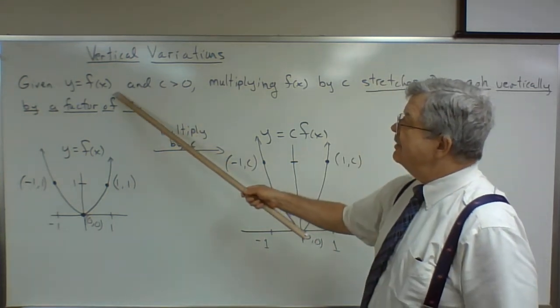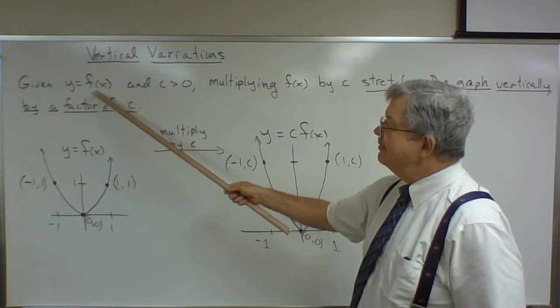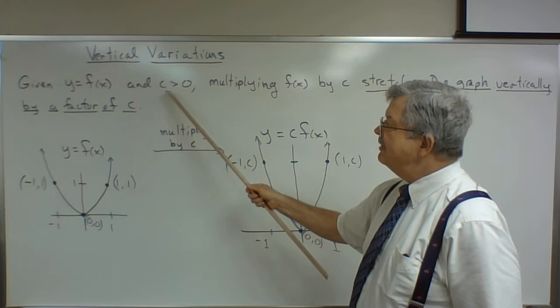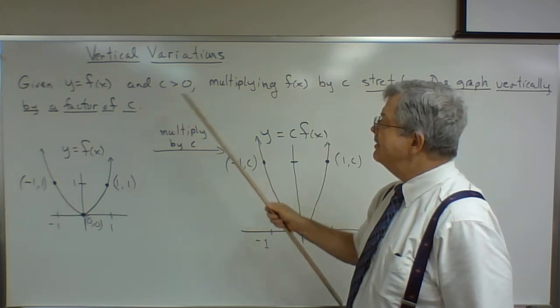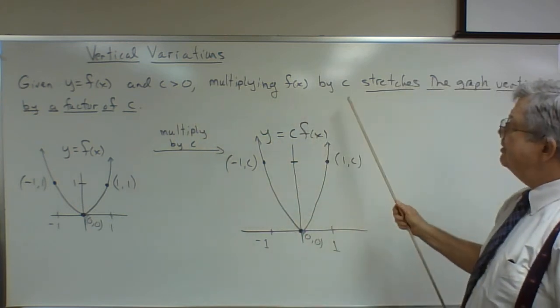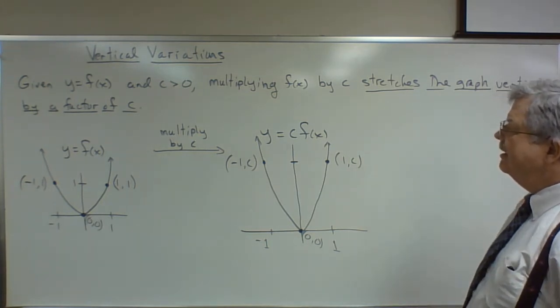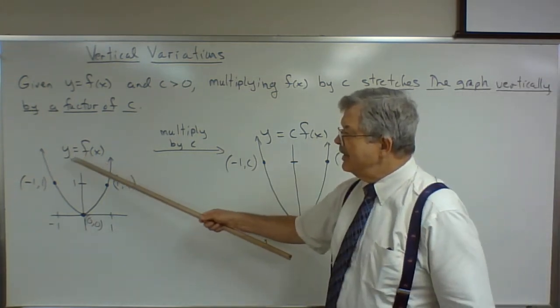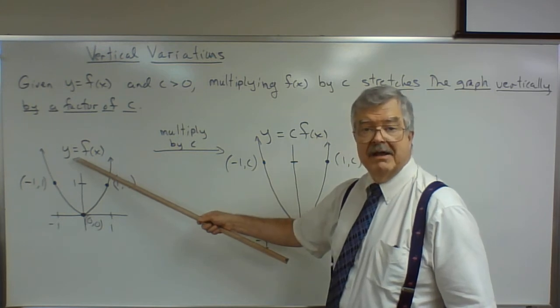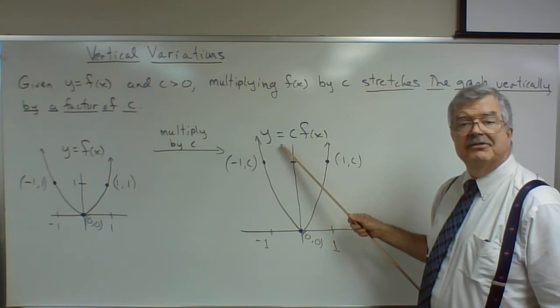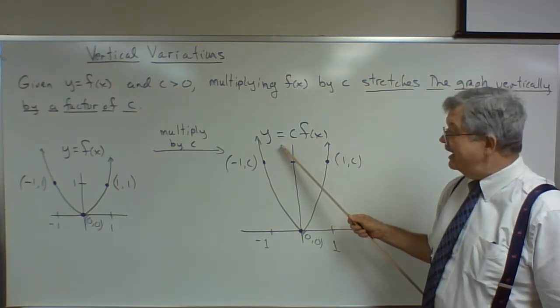And the first thing that we can do is take a graph, y equals f of x, and given some constant c greater than 0, multiply f of x by c. For example, here we have y equals f of x. Here we have the graph y equals c times f of x.